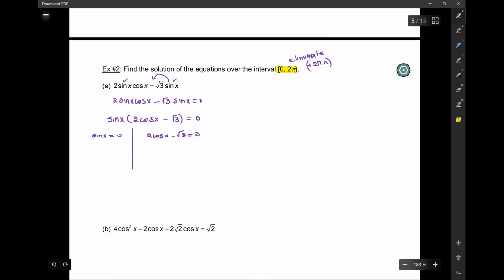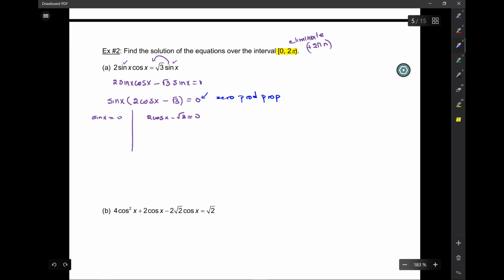Please note that if this number is not a 0, you can't do this. If it was sine x times blah, blah, blah equals 2, you can't do sine x equals 2 and then the parentheses equals 2. The reason we can do this is called the zero product property, which you learned in Algebra 2. If that's not equal to 0, please don't set them equal to some other number.